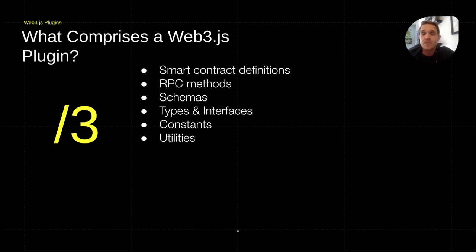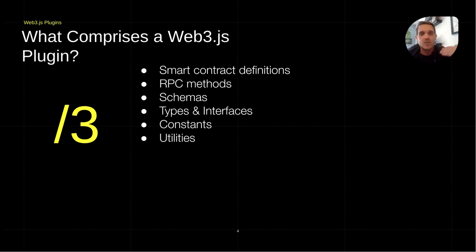We have schemas that are used for dealing with the responses from those RPC methods, types and interfaces to make it easy for TypeScript developers to work in an idiomatic way, and constants that can be used to interact with well-known and non-changing things like contract addresses. And finally, utilities that wrap up business logic in an end user facing way.